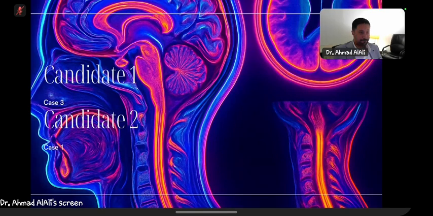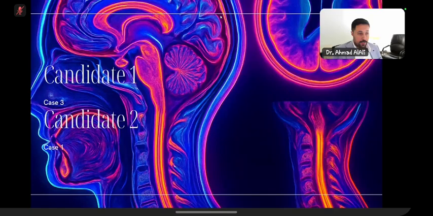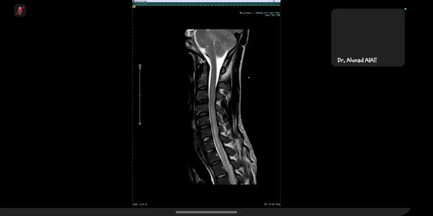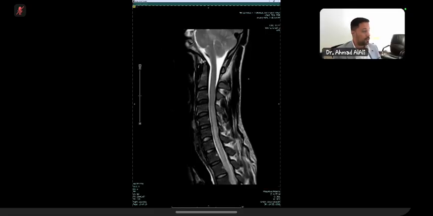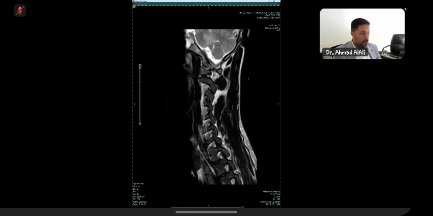Do you agree? Yeah. Okay, perfect. You can see it now. Yes, now I can see. Okay, you can scroll through the images. He's a young gentleman who presented with bilateral lower limb weakness and numbness. Over to you.